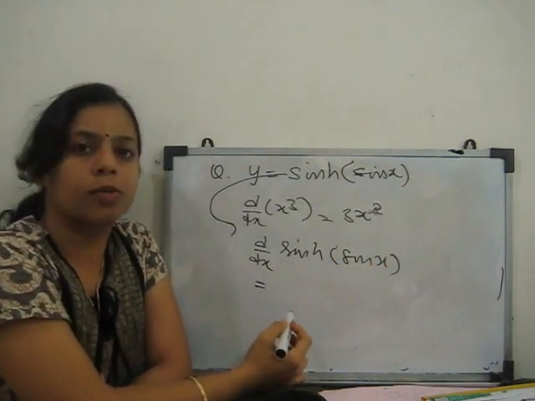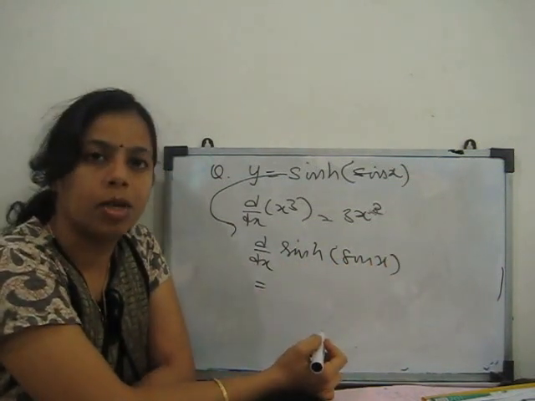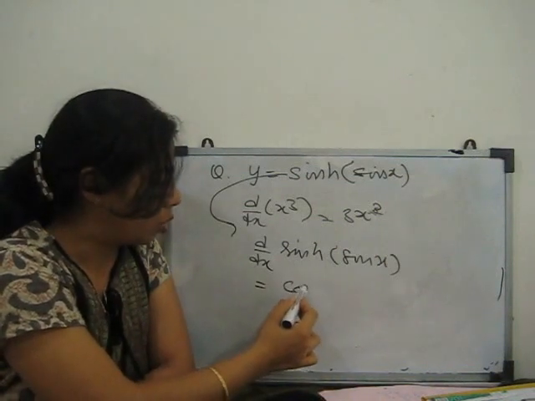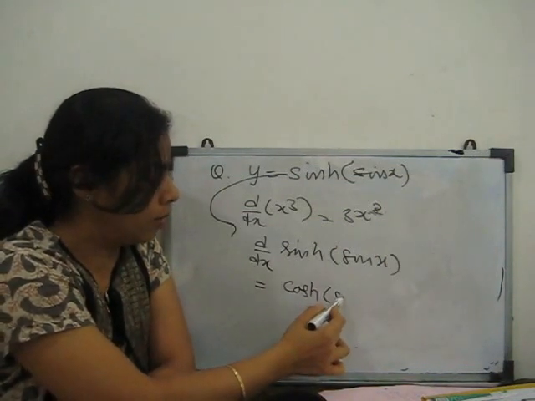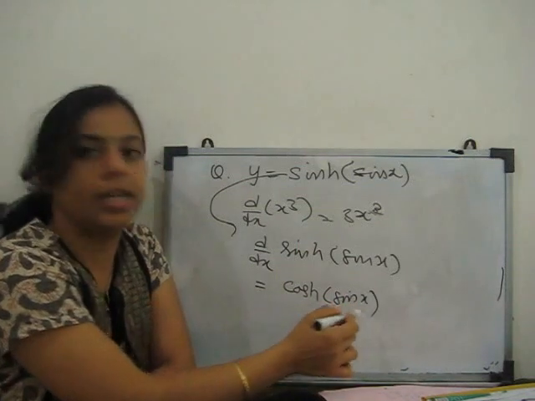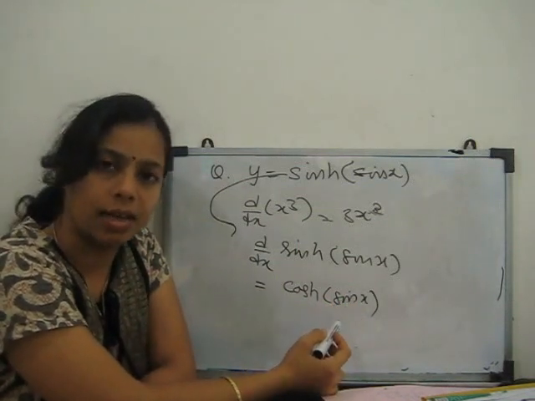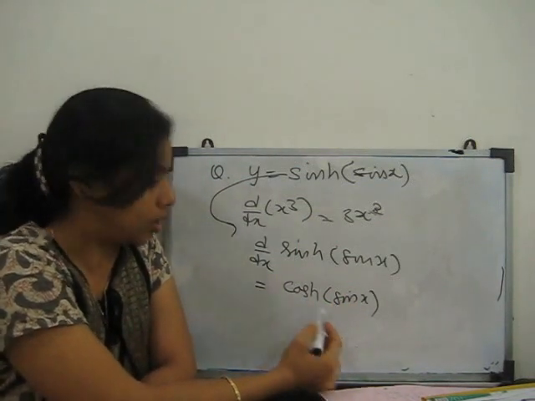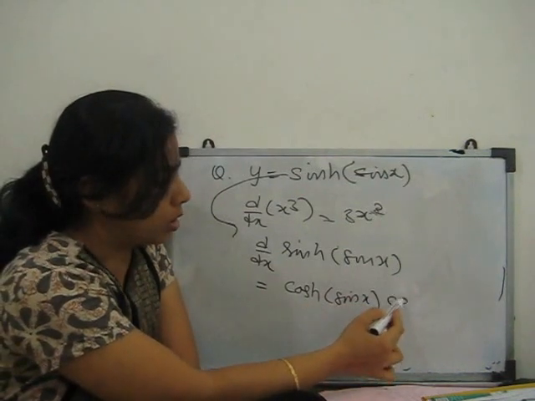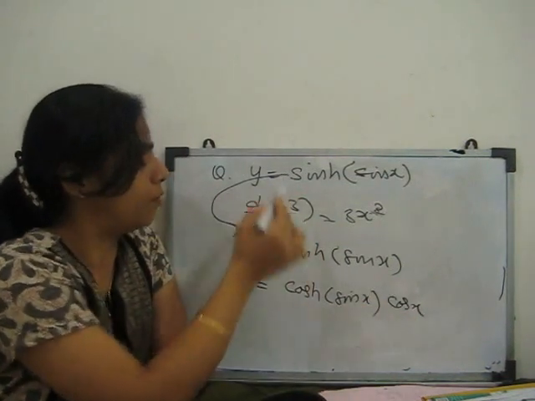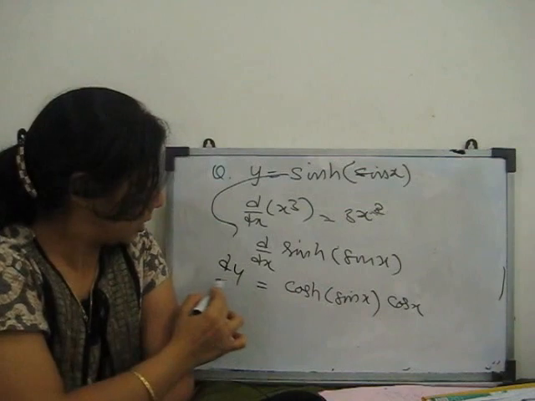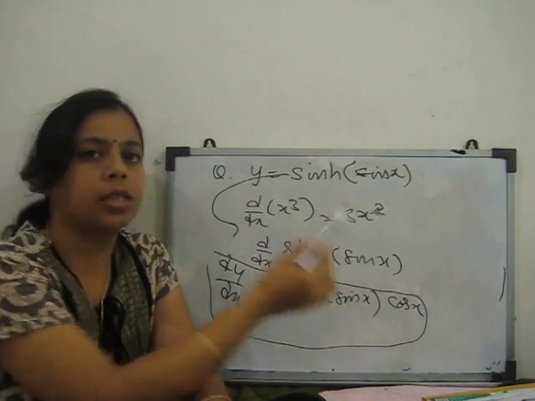Similarly, d by dx of sine hyperbolic of sine x: d by dx of sine hyperbolic is cos hyperbolic, so it gives cos hyperbolic of sine x, and the derivative of sine x is cos x. So dy by dx is cos hyperbolic sine x into cos x.